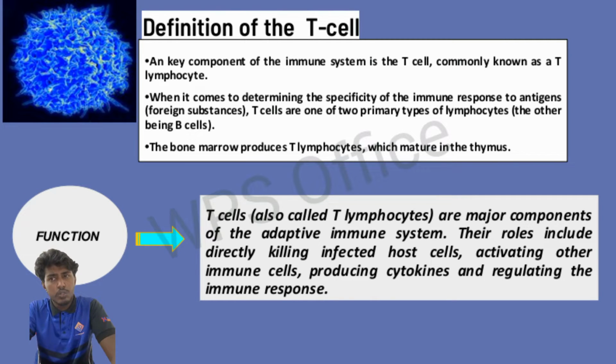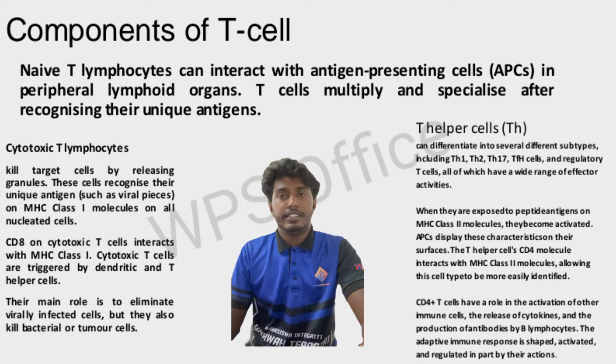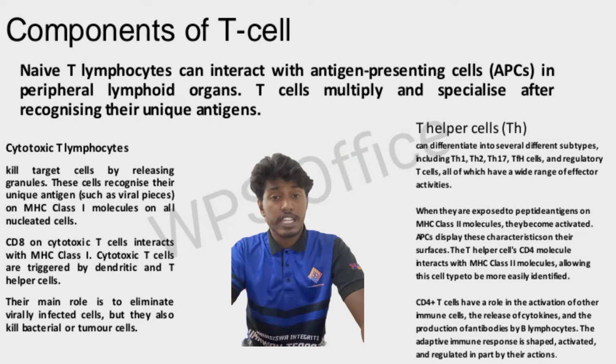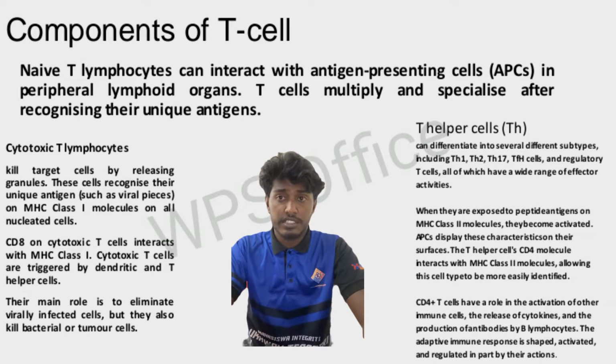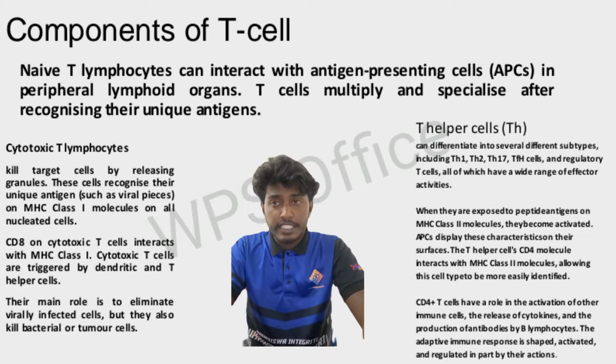T cells, also called T lymphocytes, are major components of the adaptive immune system. Their roles include directly killing infected host cells, activating other immune cells, producing cytokines and regulating the immune response itself. T lymphocytes that have not yet encountered their specific antigen are referred to as naive T lymphocytes.